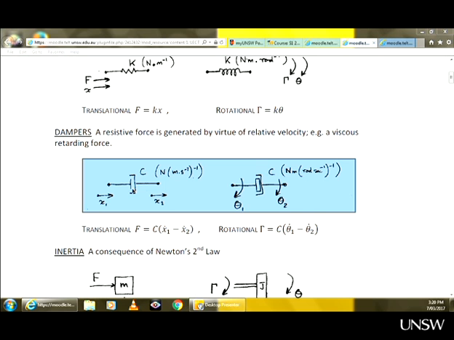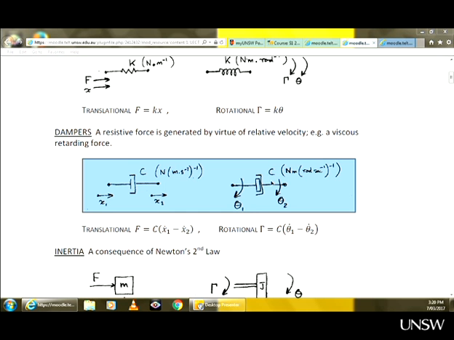And if you have a case that both the cylinder and the piston inside the cylinder move, one displacement is x1, the other one is x2, then the force will be proportional to the relative velocity. So the difference between the velocity of the piston and the velocity of the cylinder. And you may also have a rotational viscous damper.